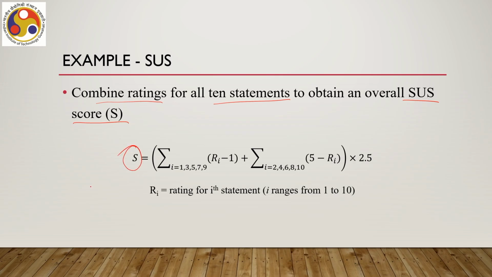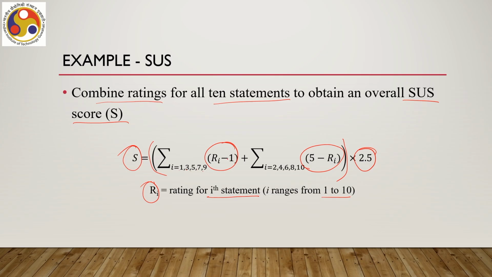S, that is the score, equal to summation of Ri minus 1 plus summation of 5 minus Ri. This whole thing is multiplied by 2.5, where Ri is the rating for the ith statement. I ranges from 1 to 10. So, when I is taking the values of the positive statements, that is 1, 3, 5, 7, 9, the expression is Ri minus 1.